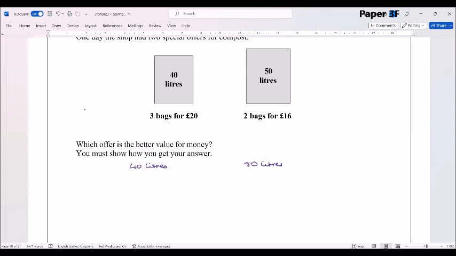We would get 3 times 40, which is 120 litres, and that costs £20. And here we get 100 litres, so just times it by 2. So we've got 2 times 50 equals 100 litres for £16.